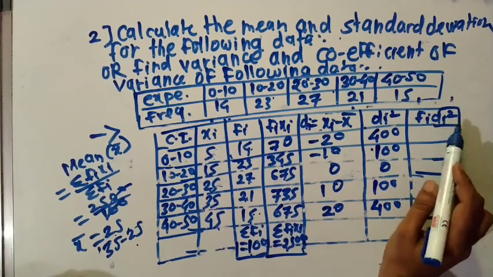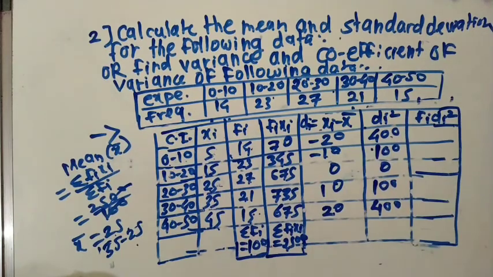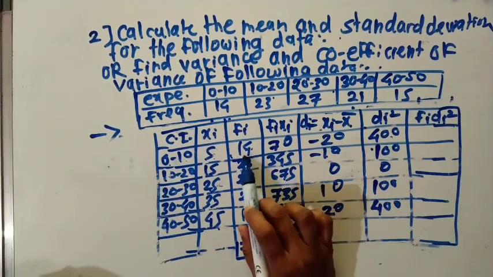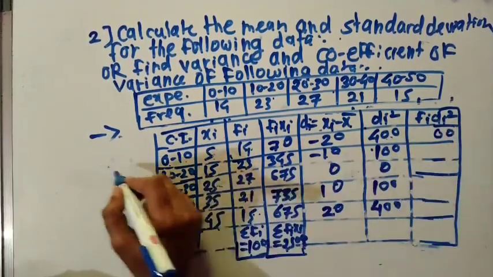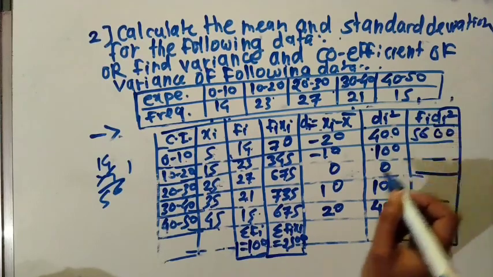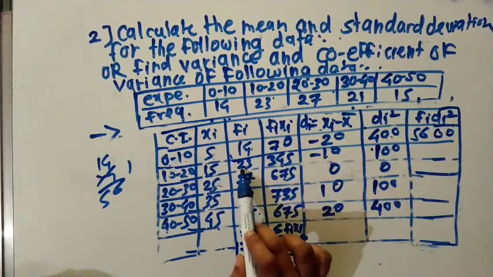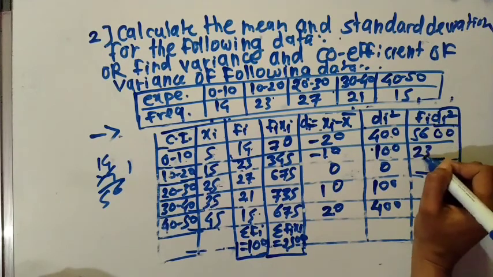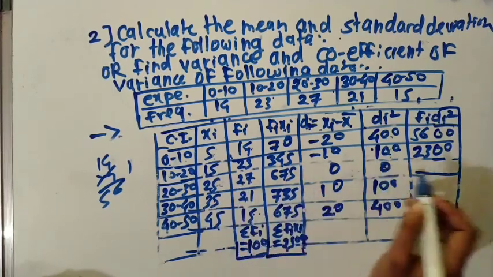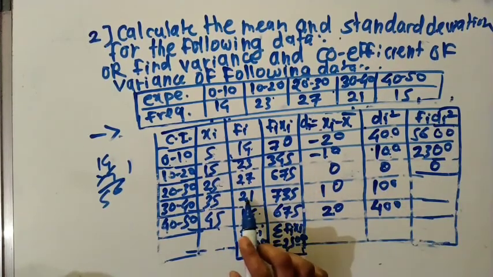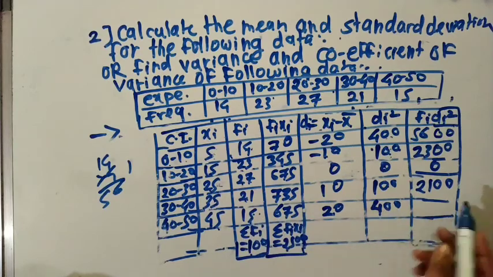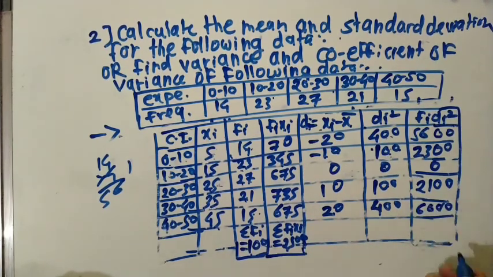Then find out fi into di square: 14 into 400 is 5600, then 23 into 100 is 2300, then 0 into 0 is 0, 21 into 100 is 2100, 15 into 400 is 6000.